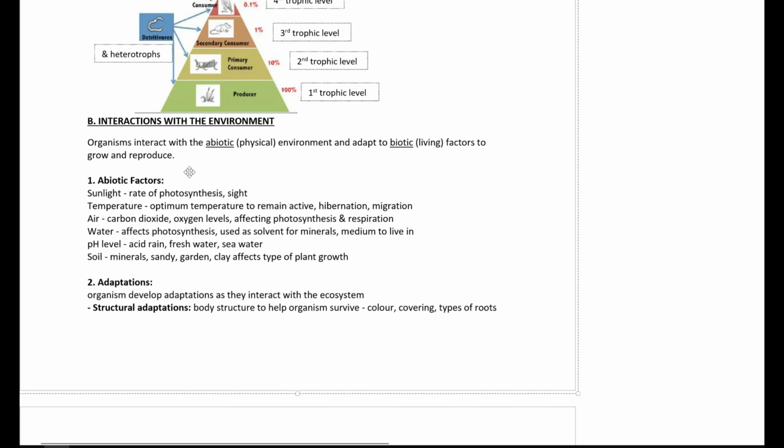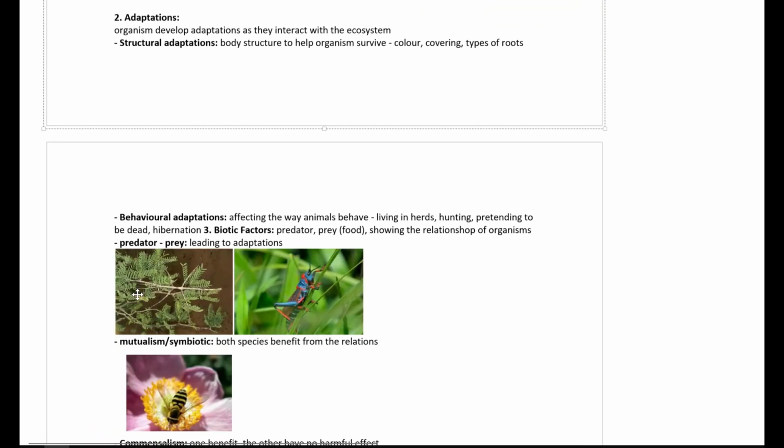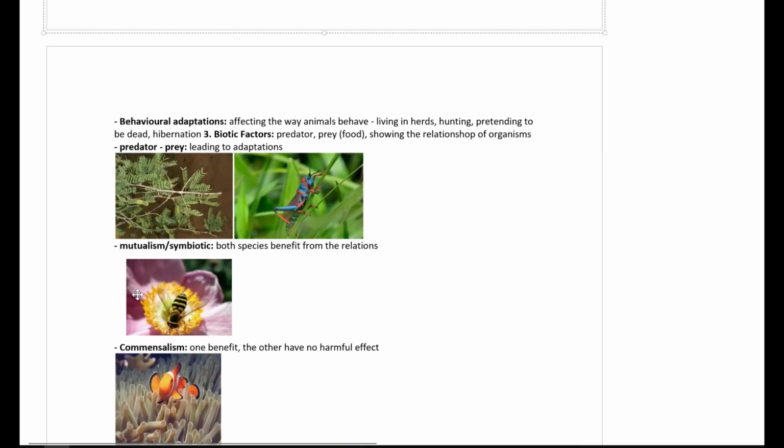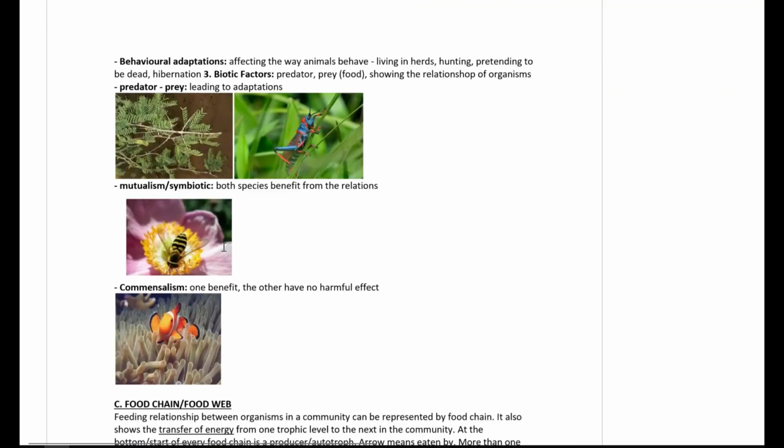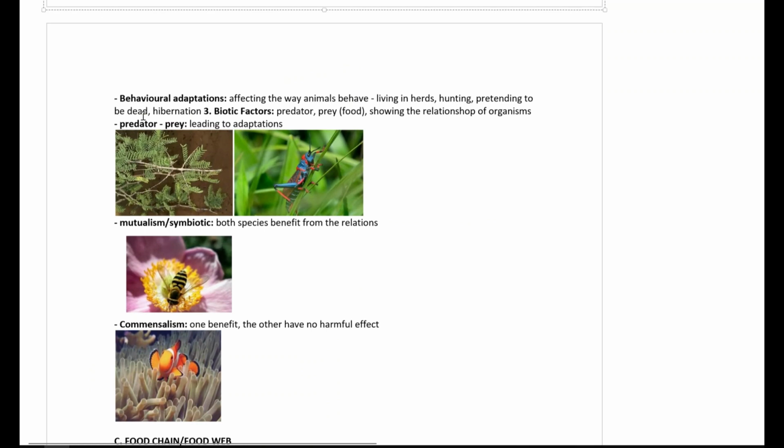But if it is an ecosystem in Africa, for example, then sunlight, temperature and air will play a role as well. All animals, and plants as well, have various adaptations to survive in the ecosystem. This will then affect the prey-predator relationship of the organisms, and we have several over here. So prey-predator leading to adaptations.